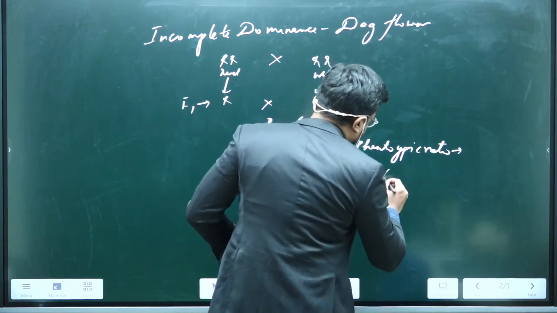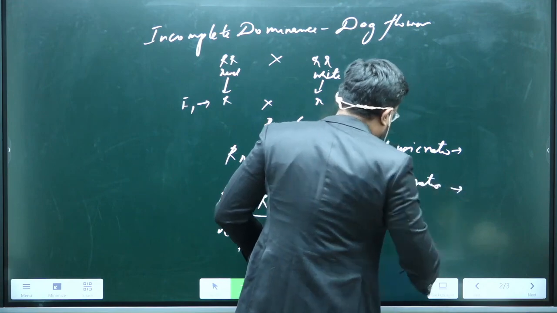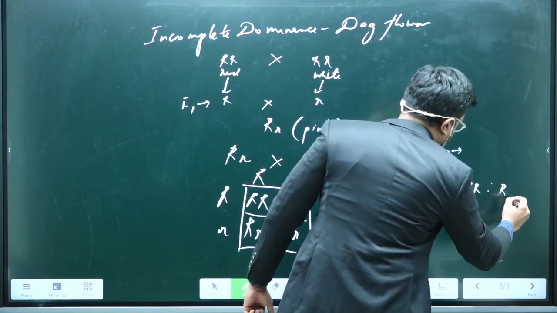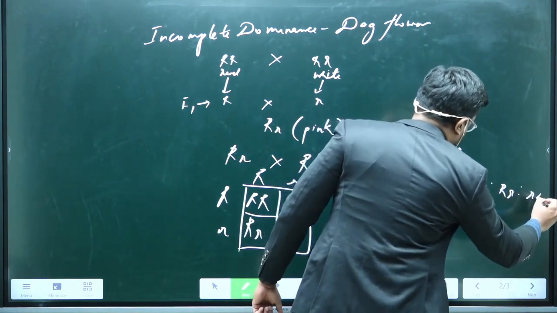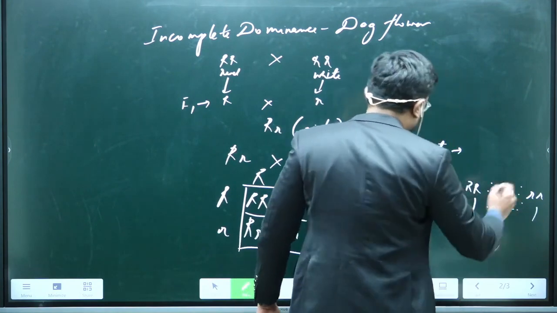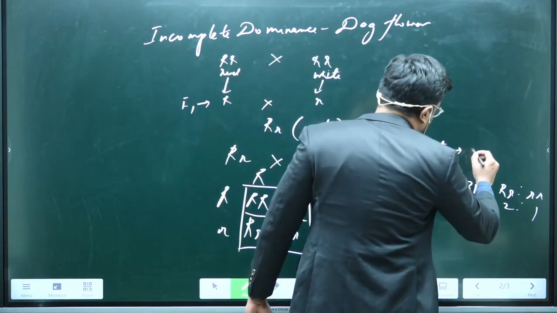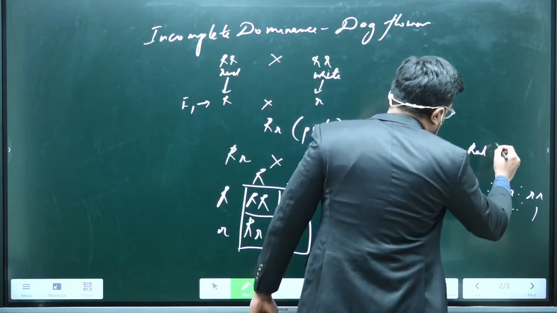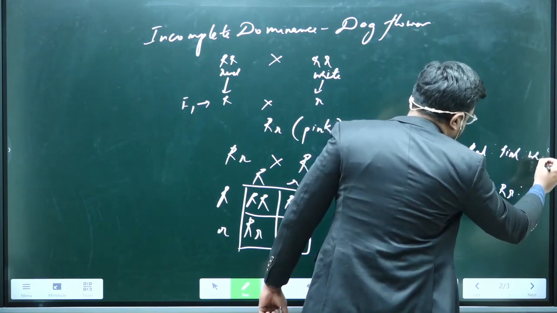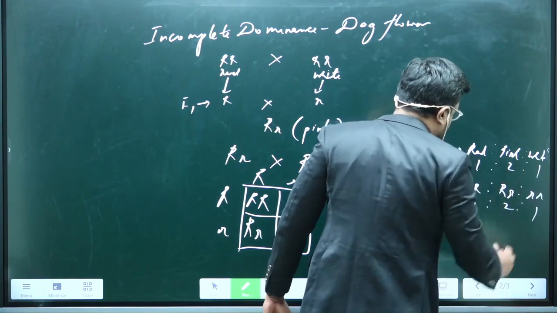The genotypic ratio is 1:2:1, right? Whereas for the phenotypic ratio, capital R represents the red color, we have the pink color, and we have the white color. So red is 1, pink is 2, and white is 1.